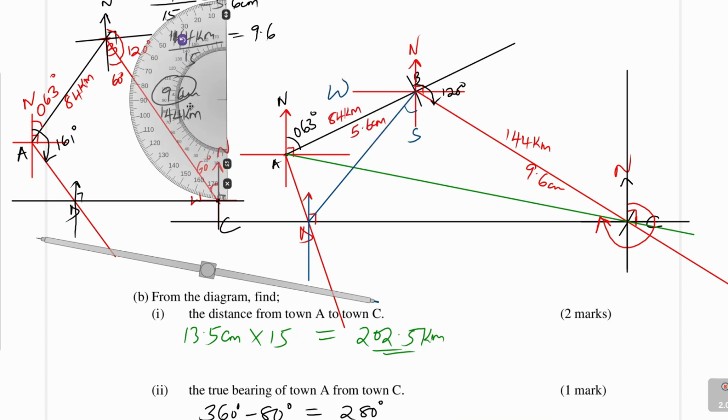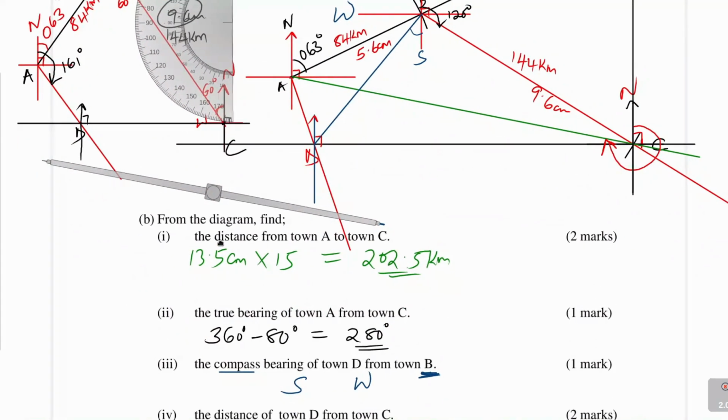So therefore the compass bearing of D from B is south 41 degrees to the west. This angle is the one that you have identified as 41 degrees to the west.